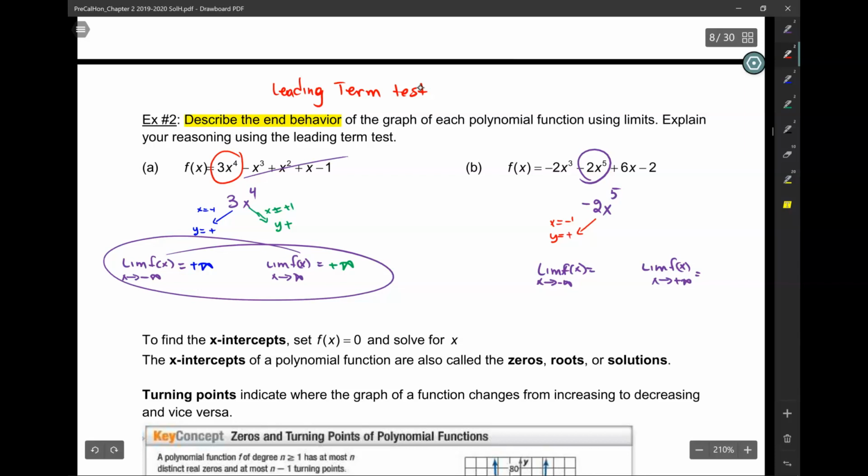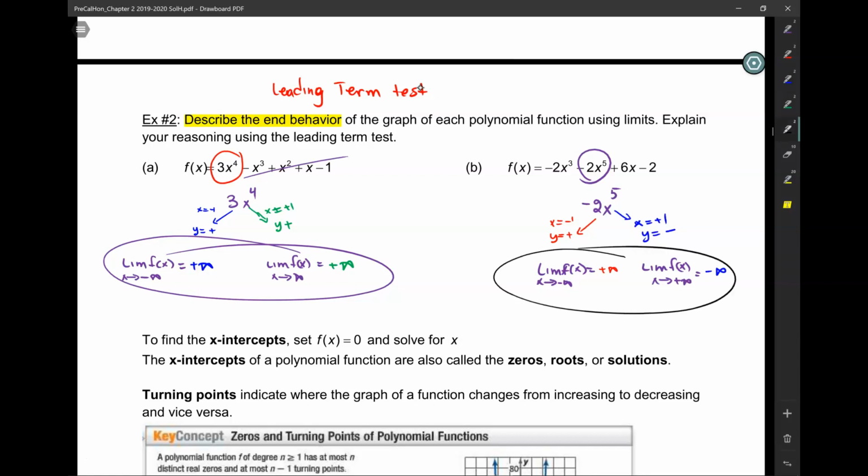Positive. You see how I don't even care about the value? I just care about positive or negative. So this is positive infinity. And then if I put a positive number in there, y is negative. Okay? Are we cool?